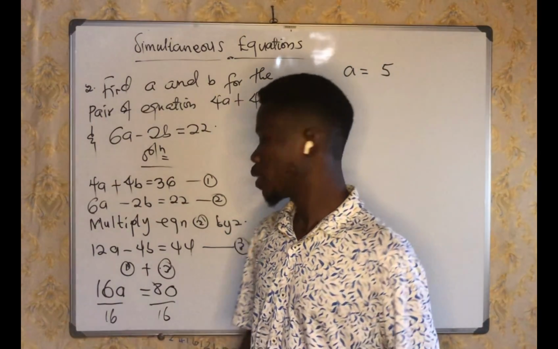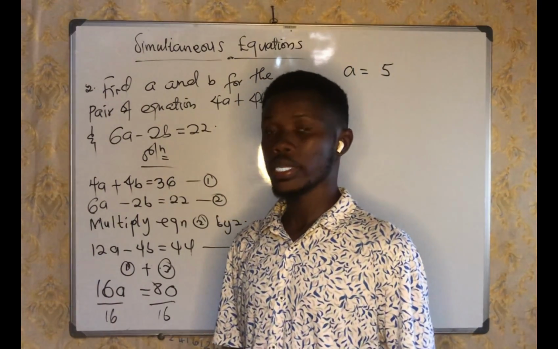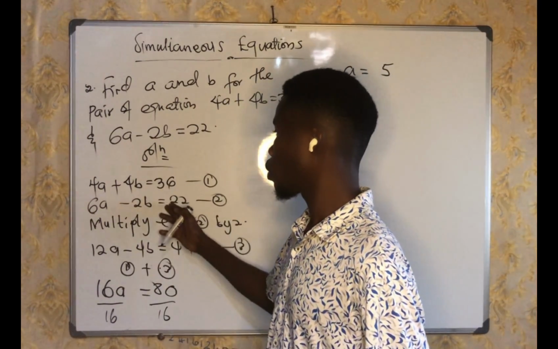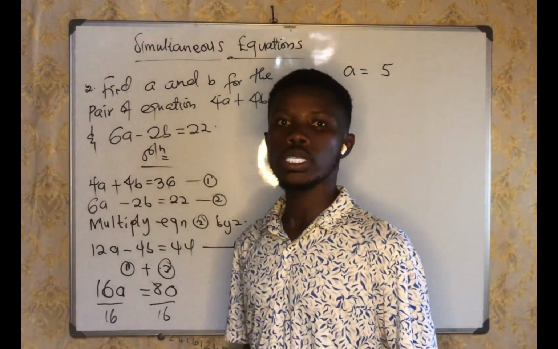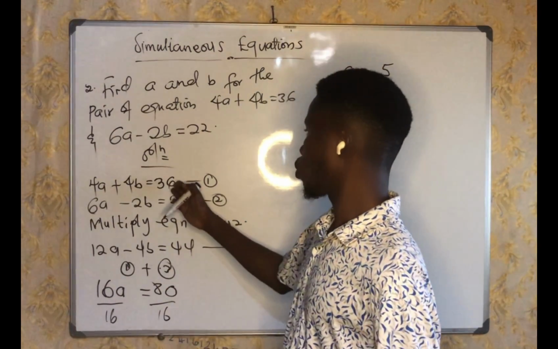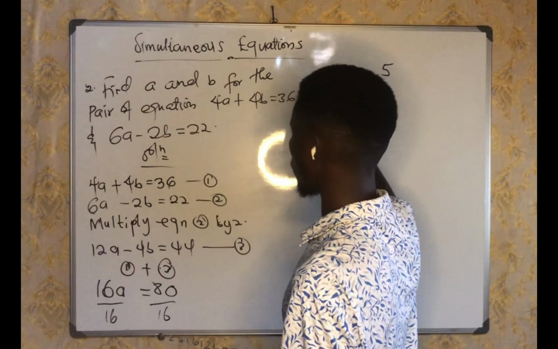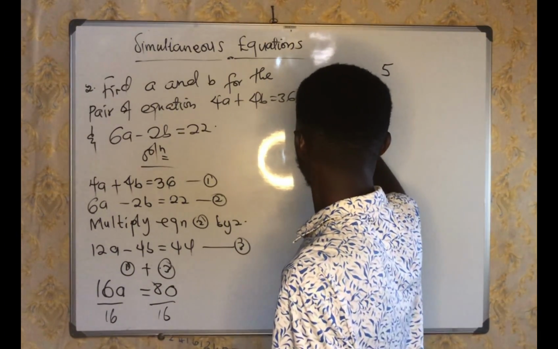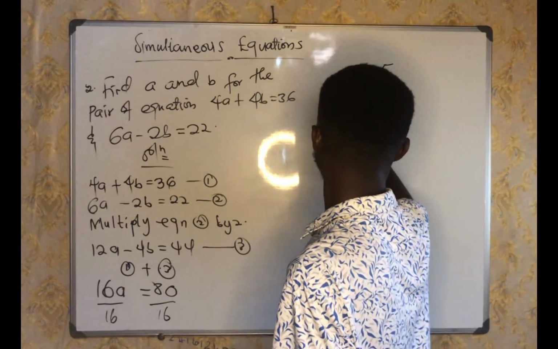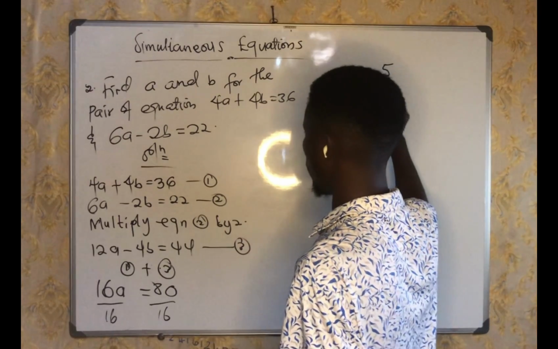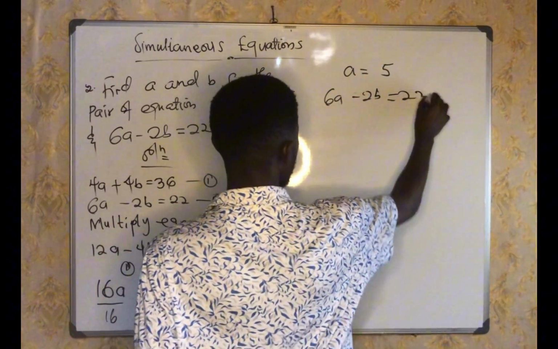How do we get our b? Just like I said, we can visit either equation 1 or equation 2, even equation 3, to get our b. So I want to go to equation 2, where we have 6a minus 2b equals 22.